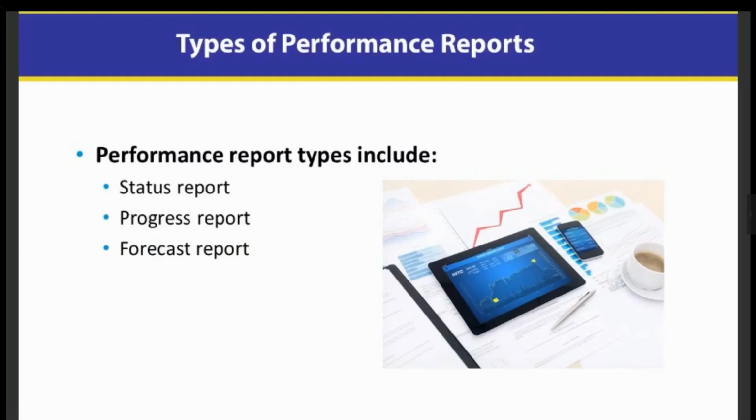Maybe our time is a little off, or maybe our cost is a little off one way or another. I would have to look at that and say, well, what does off mean? By how much? And now let's look at a forecast report and say, do we expect that to go forward, and should we make some adjustments to the schedule, to the budget, to the resources in order to bring that back in line?